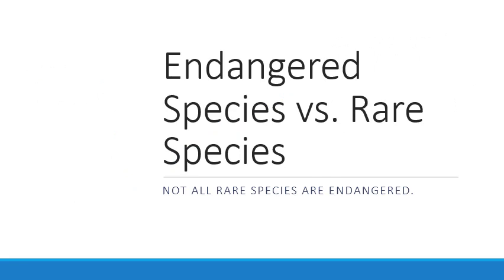Now, please bear in mind, there is a big difference between an endangered species and a rare species. Just because an organism is rare, just because it's not seen often, does not mean that it is endangered. Oftentimes, when you think of a rare species, a Greenland shark, for instance. Actually, the Greenland shark's a bad example.